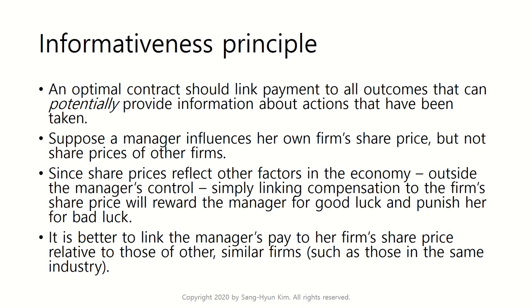So, what is this informativeness principle? It simply means that an optimal incentive contract should link payment to all outcomes that can potentially provide information about actions that have been taken. We have seen an optimal incentive contract, and there we could see the importance of information.